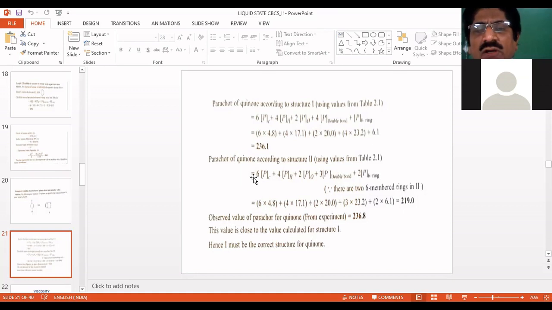And for the second structure, the value is calculated in the same way, as I said: 6 carbon, 4 hydrogen, 2 oxygen. Here 4 double bonds he has taken, and 1 six-membered ring.